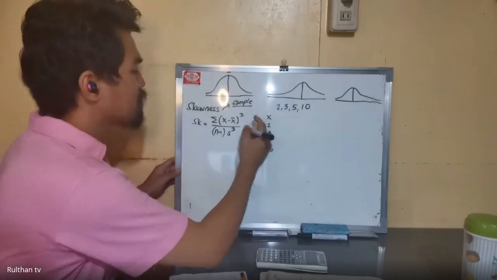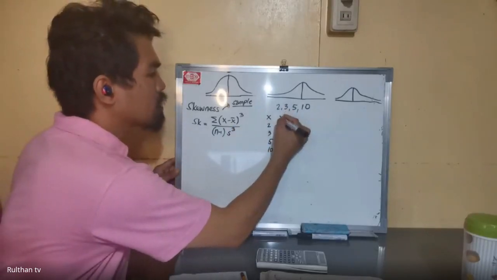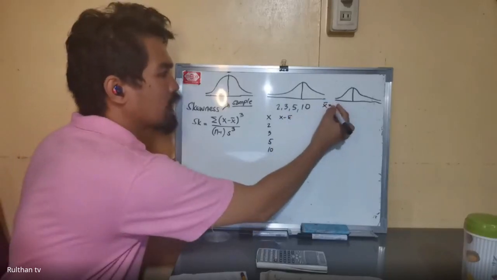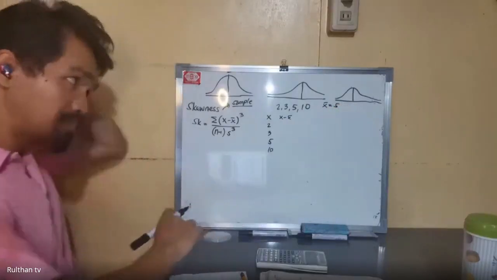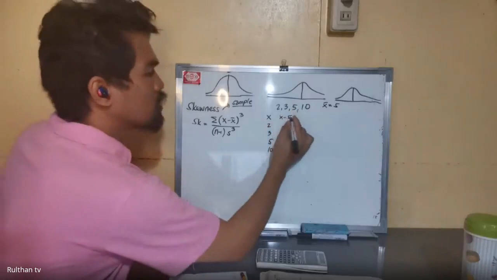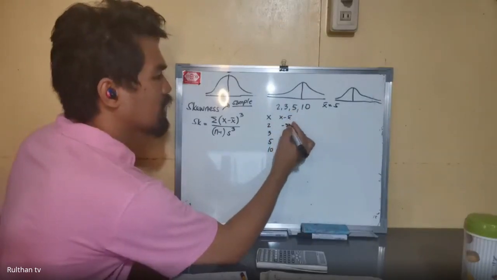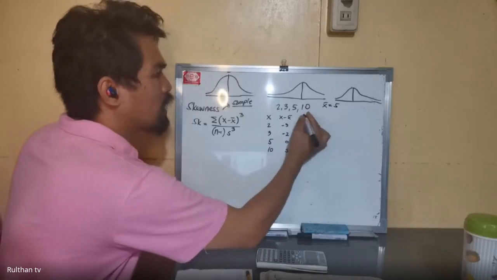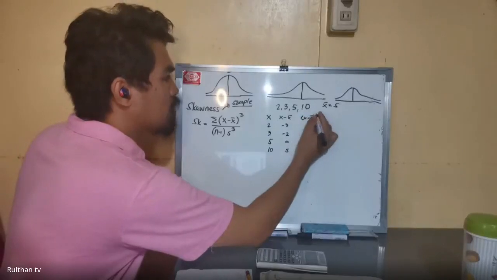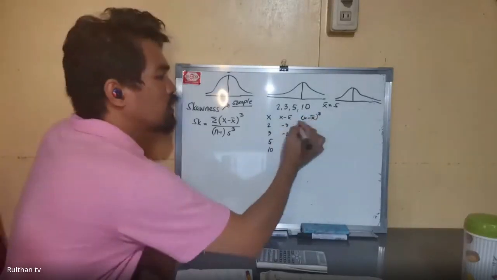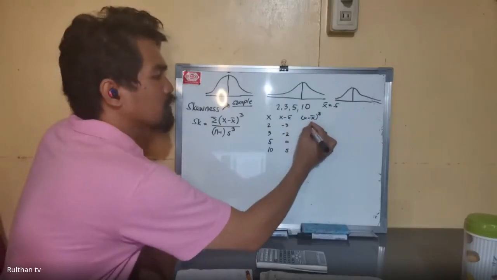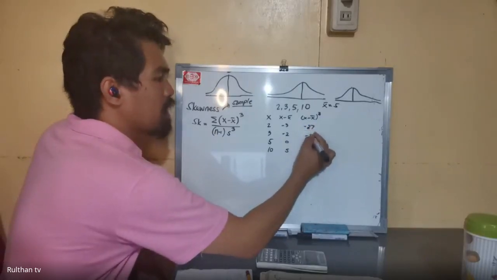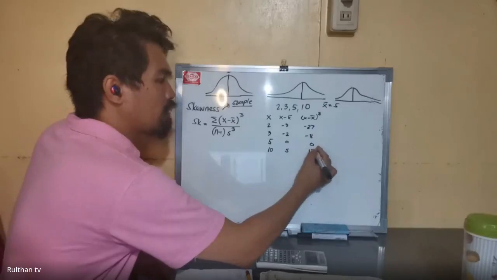Then we will have X minus X bar. Our X bar here is 5, correct? The mean is 5. So you have negative 3, negative 2, 0, and then 5. And then, of course, X minus X bar cubed. Our concern now is the cube. So we have the values negative 27, negative 8, 0, and then 125.